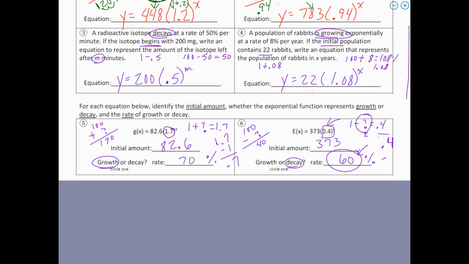If we're taking the same part and subtracting 1 from it, we will get a negative 0.6. But we don't use the negative sign because the decaying tells us that it's negative. So that's where the 60 came from. That's why it's not the 0.4, it's not the 40, because that's our end product after we subtract whatever the decaying rate is.